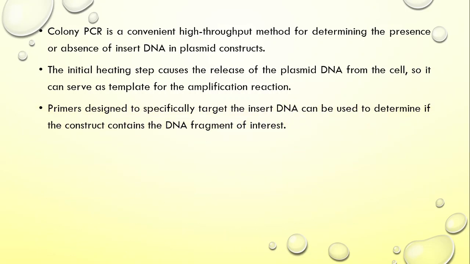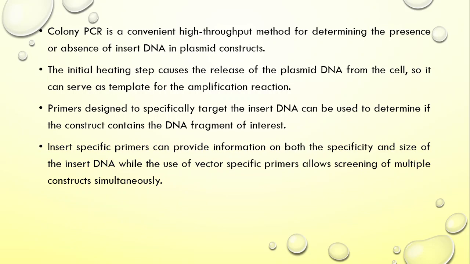The primers are designed to specifically target the insert DNA, the foreign DNA which you have inserted into the clone, so they can be used to determine if the construct contains a DNA fragment of interest.